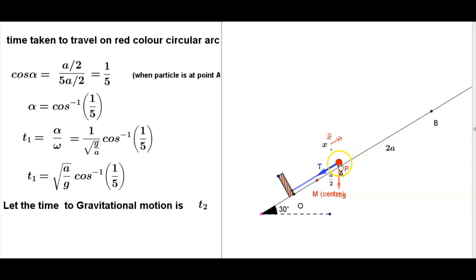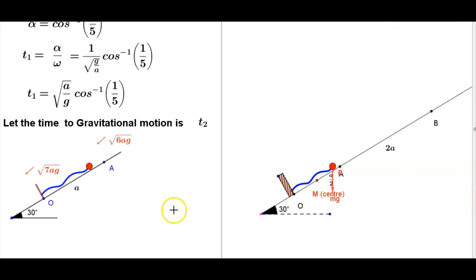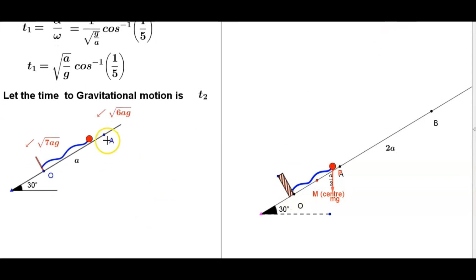Now we want to find out the gravitational motion time from A to O. Let the time from A to O be T2. We already found that at point A the velocity is square root of 6 ag, and at point O the velocity is square root of 7 ag.